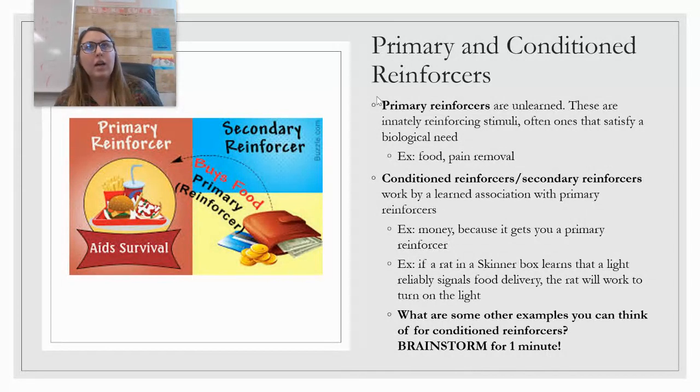But because of the purpose it serves, it can get you a primary reinforcer. So that's basically what conditioned reinforcers, or secondary reinforcers, are. So I want you to think of what are some other examples you can think of for conditioned reinforcers. What are other things that can serve as a reward that don't serve necessarily a biological need, but can serve something else?